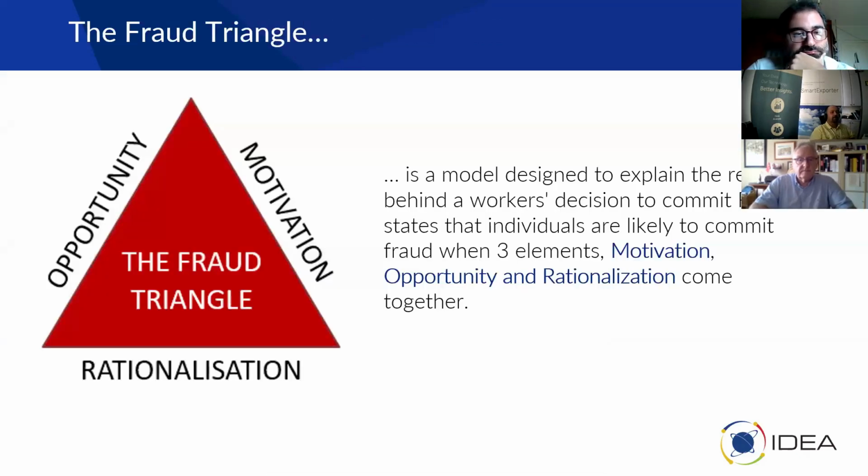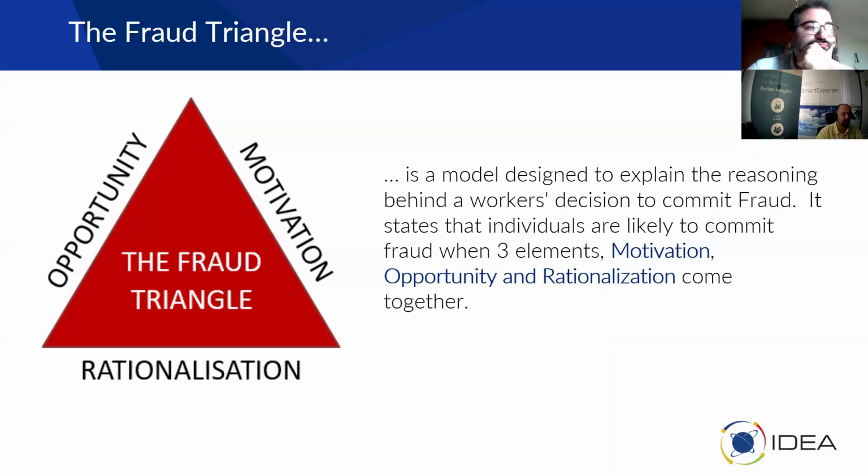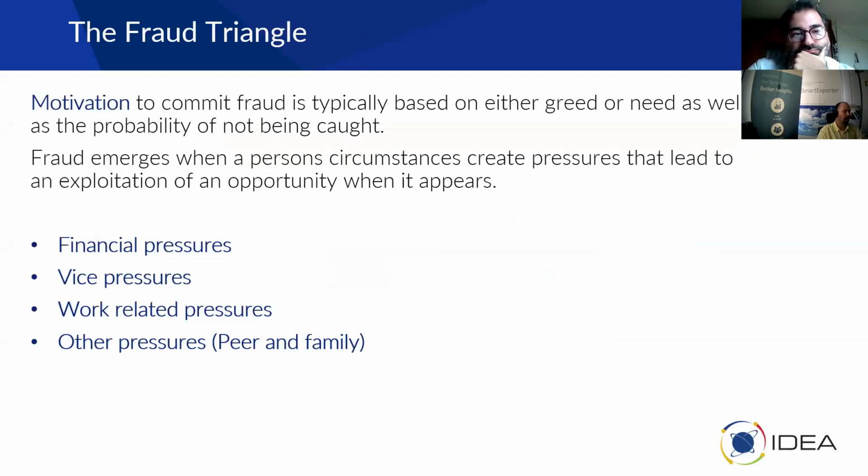This is the fraud triangle. The fraud triangle states that individuals are likely to commit fraud when three elements, motivation, opportunity, and rationalization, come together. Motivation is an explanation of when the opportunity appears: financial pressure, especially after the COVID time, life pressure, work-related pressure, other pressure, fear and family.